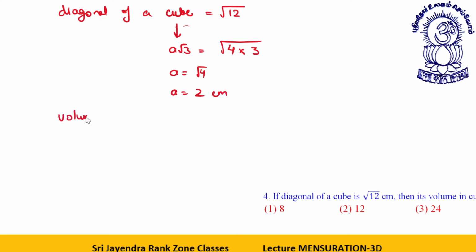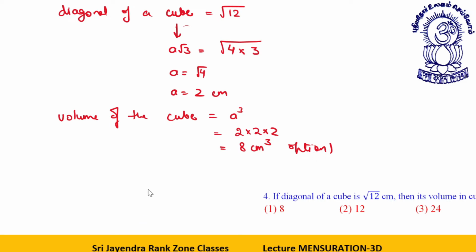What will be the volume of the cube? Volume of the cube will be a cube, that is 8 centimeter cube. Very clear to all of you? Okay, next one.